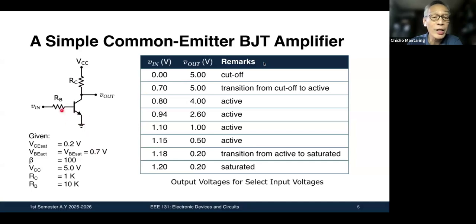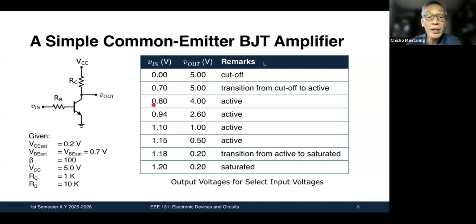So when that is 0.7, this is on the verge of conducting, but probably not quite conducting yet. And therefore, your collector current is still 0, and your output voltage is still 5 volts.